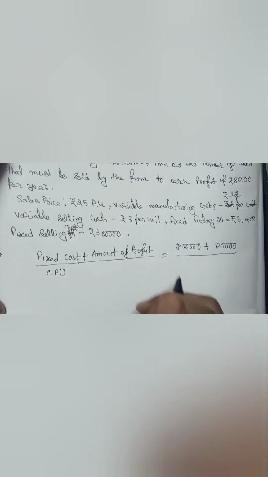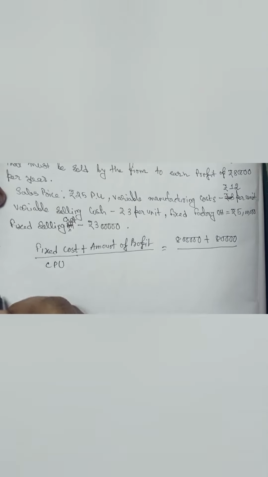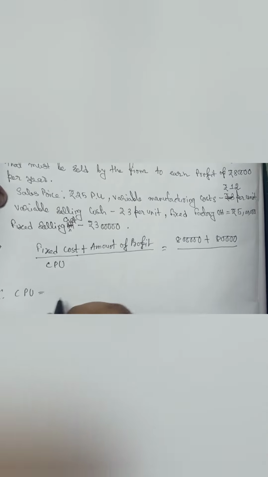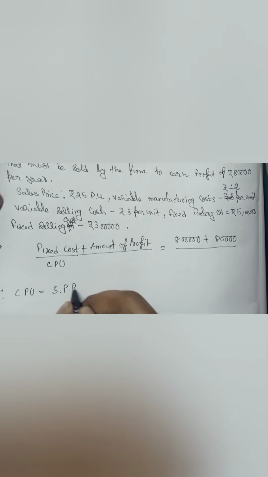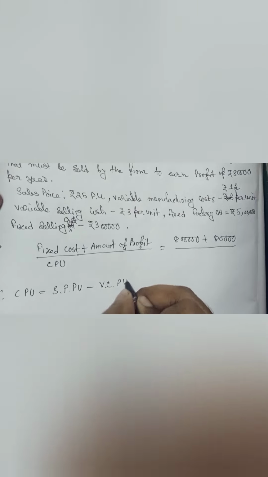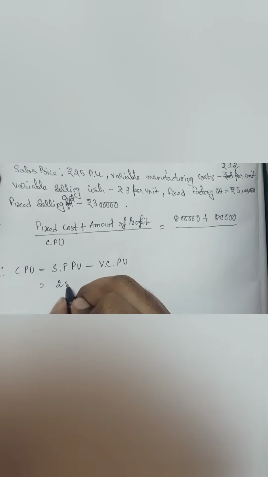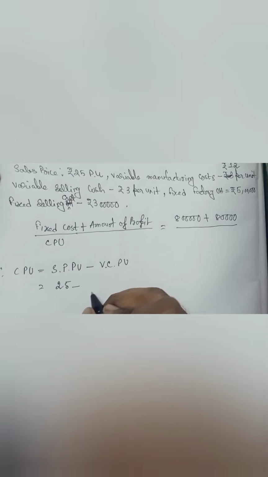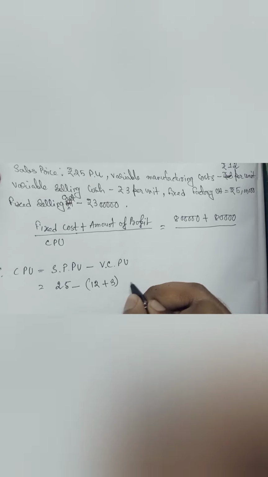And contribution per unit, we know, is calculated by selling price per unit minus variable cost per unit. So selling price per unit here is rupees 25 and variable cost per unit is variable manufacturing cost 12 and variable selling cost 3, so 15.